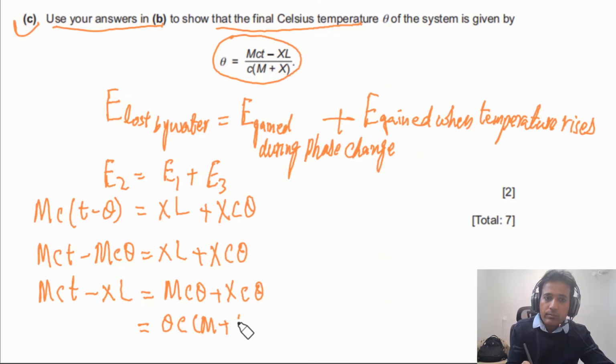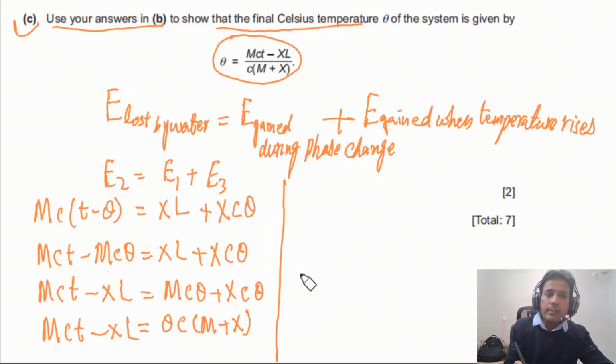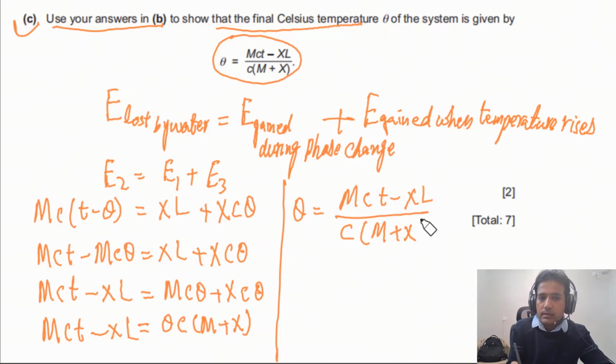This is M plus X, and here we have MCT minus X times L. Now finally we can write down theta. This one will be equal to MCT minus XL divided by C times M plus X.